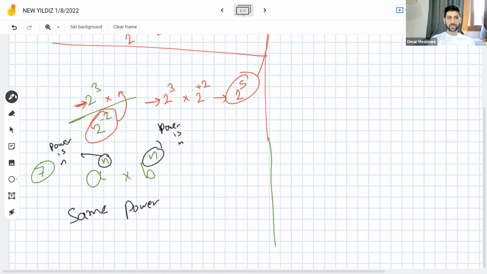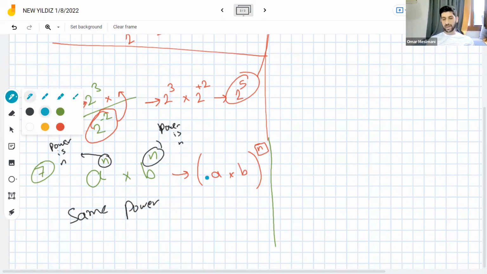What I do, I open a huge bracket and I multiply the bases, just multiply the bases without the power, and your answer, you do it with the power n. This is so important a rule. Why it's so important? I use this rule a lot, but I don't use it from left to right. I use it from right to left, okay?